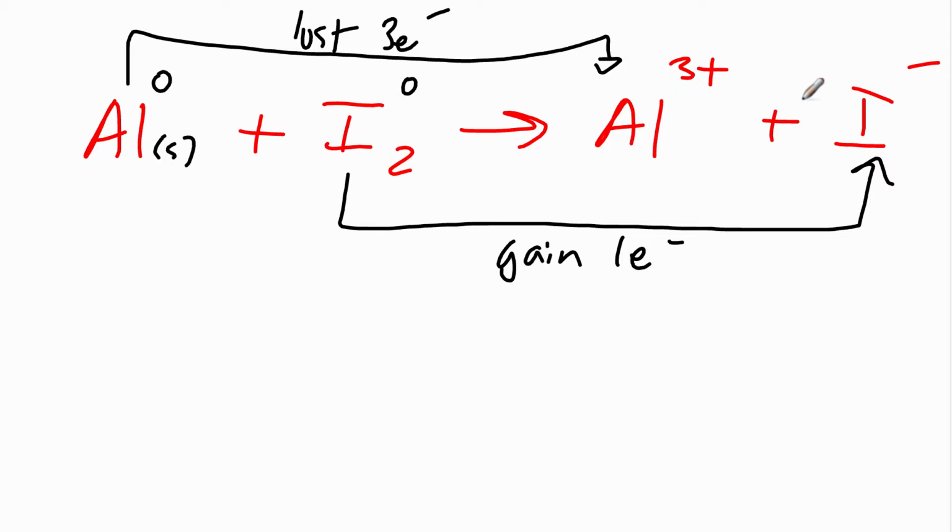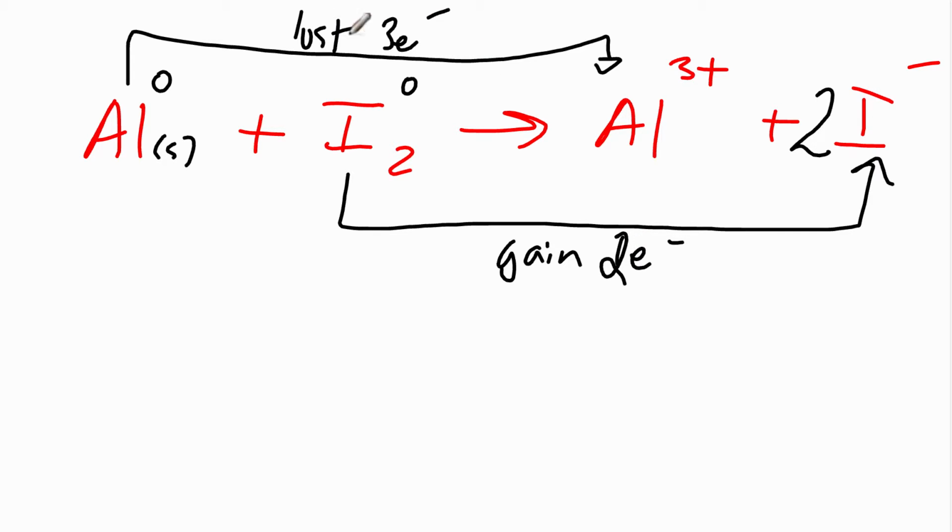No, each one of those gains 1 electron. I think I have to have a 2 here to gain 2 electrons. So this substance goes to this, and it would have gained 2 electrons, 1 for each mole of iodide ions. So I now look at the electrons and I have to balance them. There's a 3 and a 2, so I've got to go to 6.